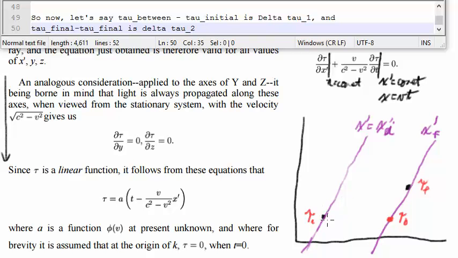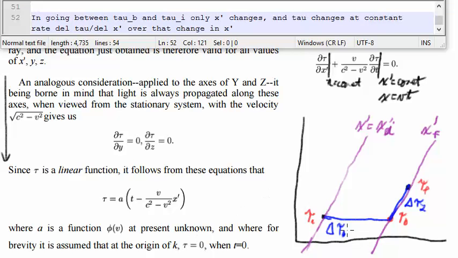So now let's define tau between minus tau initial as delta tau 1, and tau final minus tau between is delta tau 2.